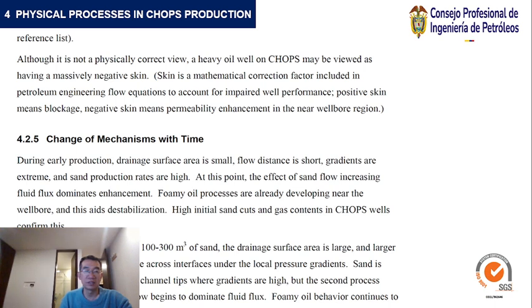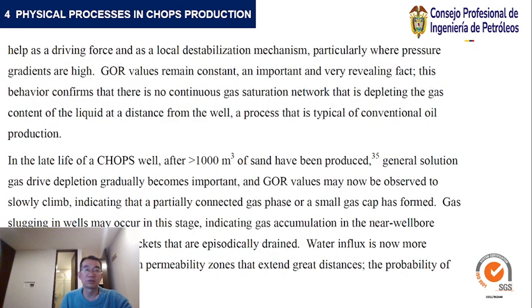Sand is destabilized locally, perhaps at channel tips where gradients are high, but the second process now begins to dominate fluid flux. Foaming oil behavior continues to help as a driving force and as a local destabilization mechanism, particularly where pressure gradients are high.